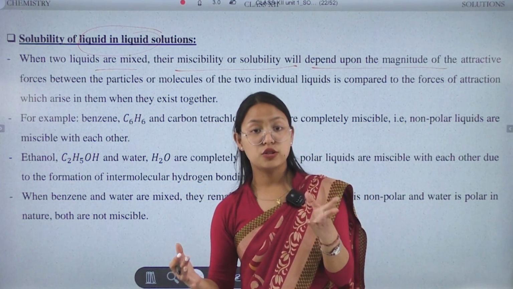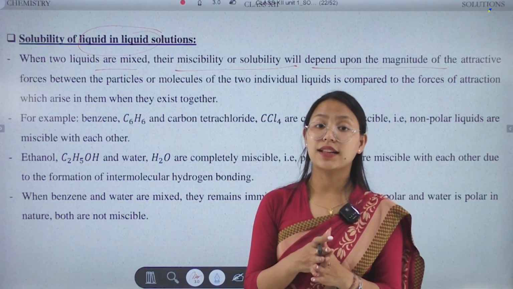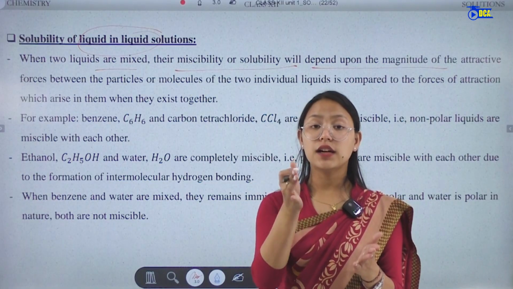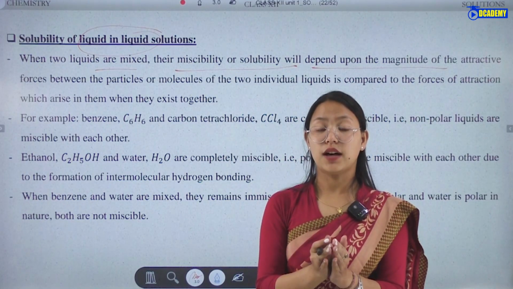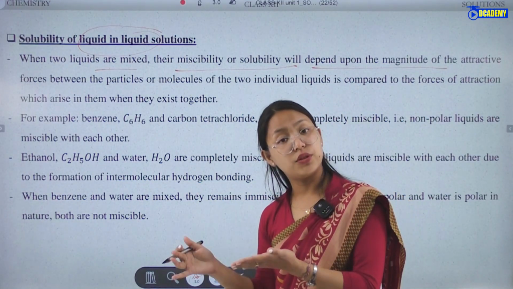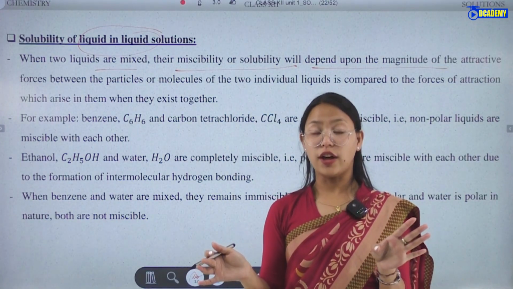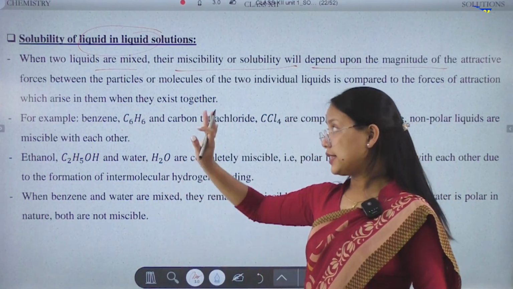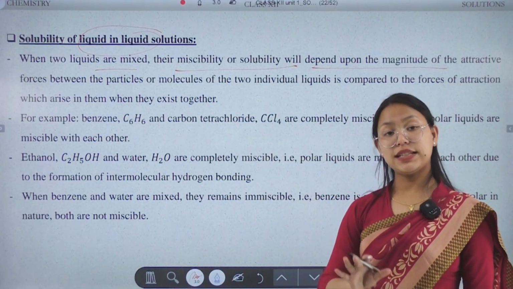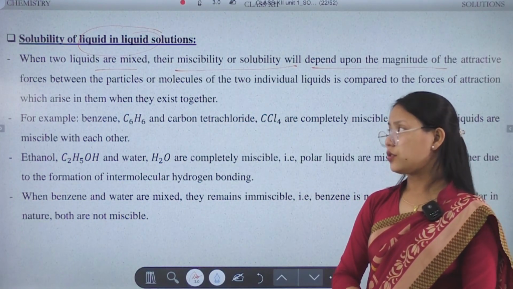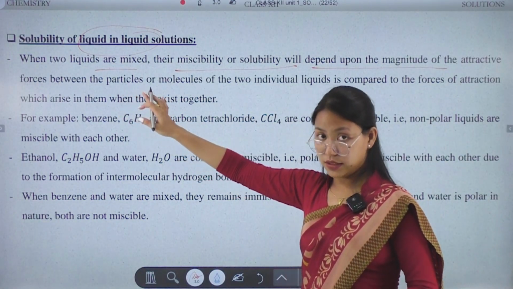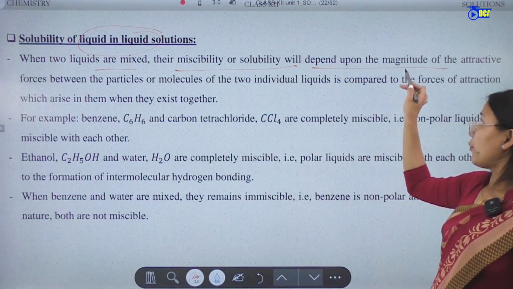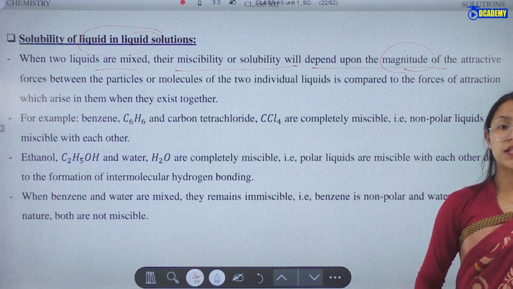and when we mix water with other substances or solutions, intermolecular hydrogen bonds are formed. So here, when liquids are mixed, their miscibility or solubility will depend upon the magnitude of the attractive forces.